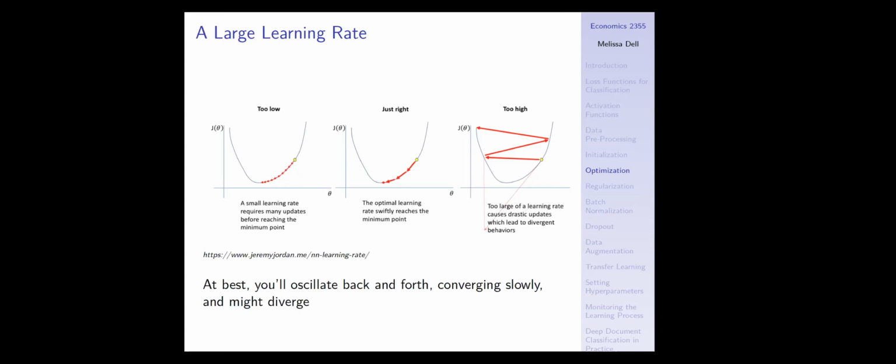It's a little hard to see on this figure, but you're taking this very large step, and what happens is you're going to overshoot. In a best case scenario, you're going to bounce back and forth, back and forth. And in a worst case scenario, which you actually see in this picture, you might diverge from the minimum.